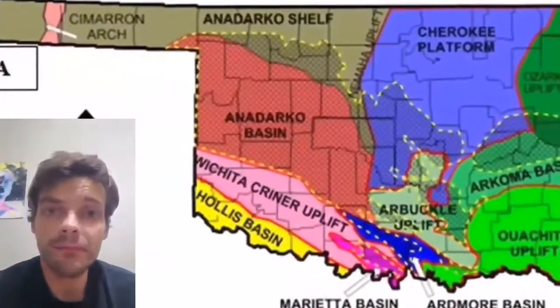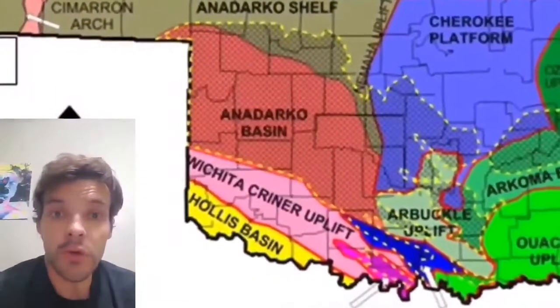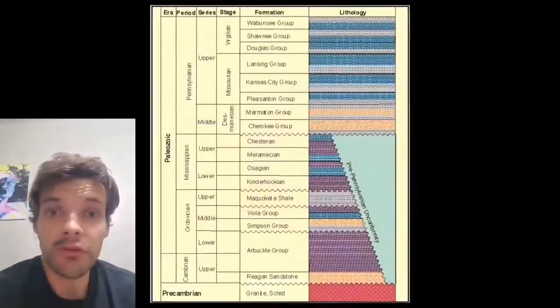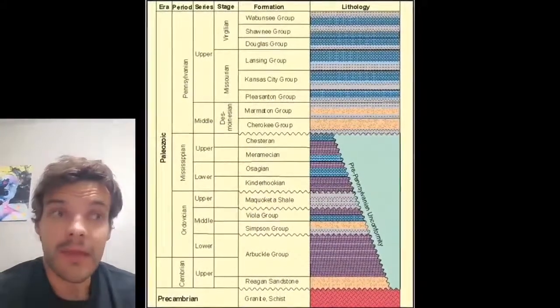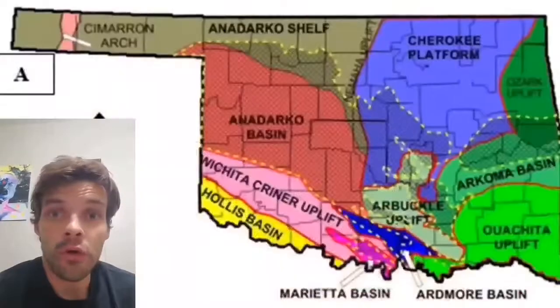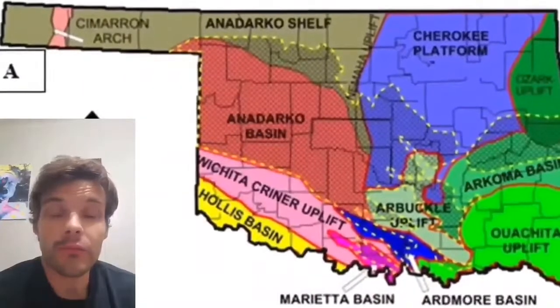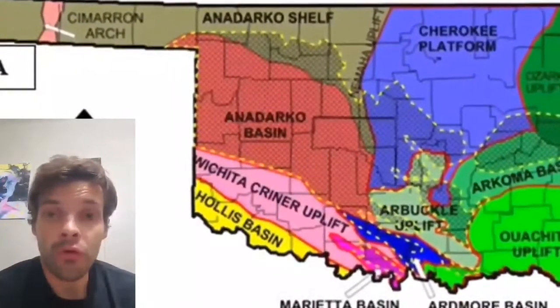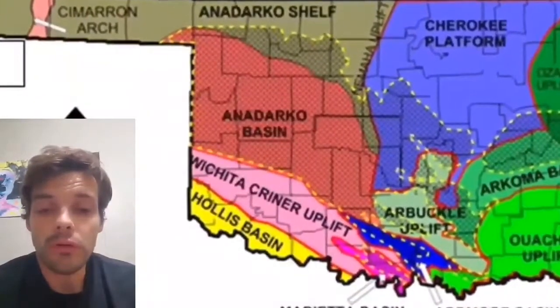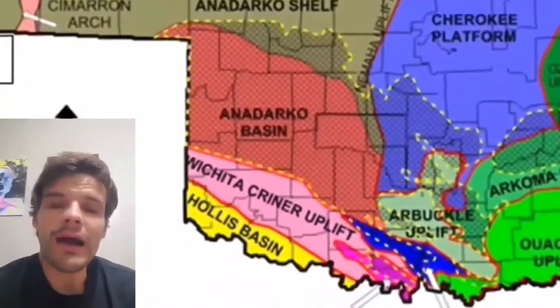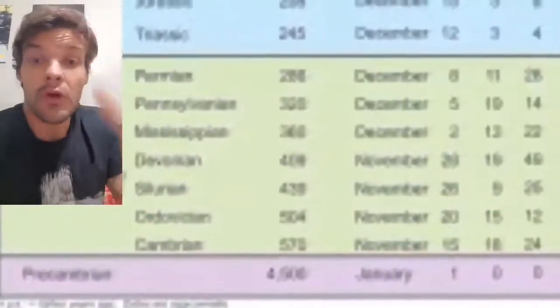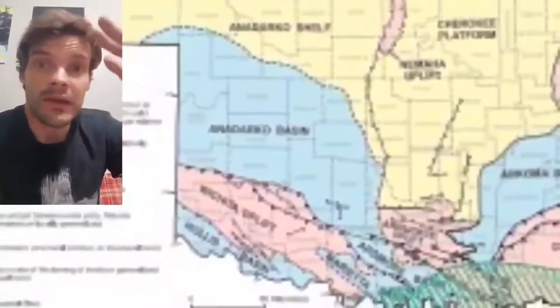The Hollis Basin, like most of Oklahoma, is covered in the Pennsylvanian strata, and then the Wichita Criner uplift has been pushed up through all of the other strata and been exposed.